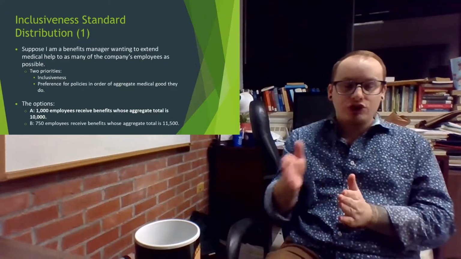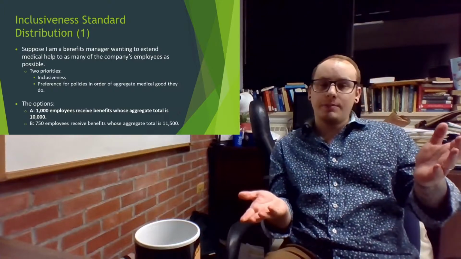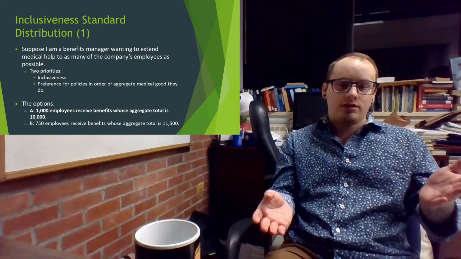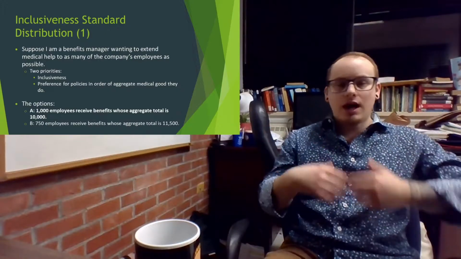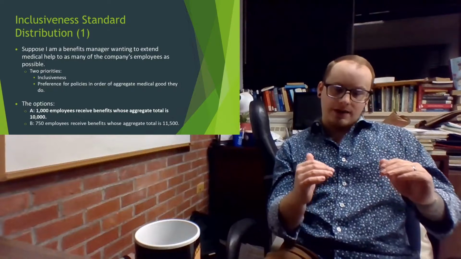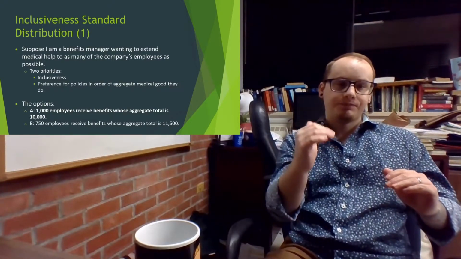And if we take each individual, the difference between one person being insured and another person not being insured at all, the difference between the pleasure and pain in that is far greater than, of course, option B, having less people insured, but some of those having a little bit more pleasure received.